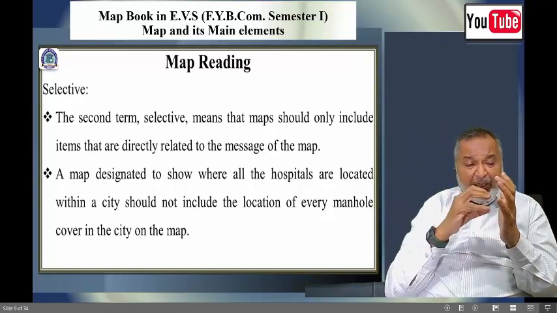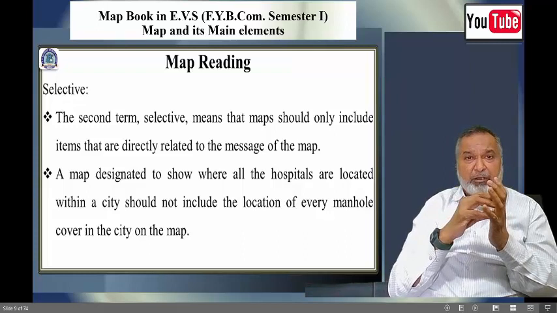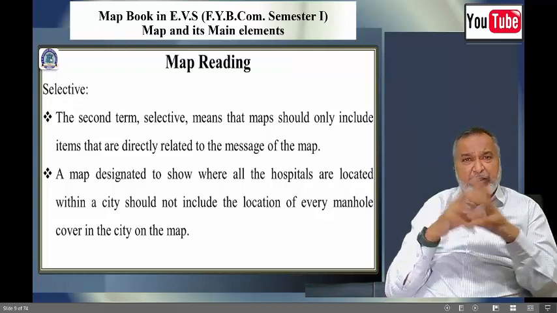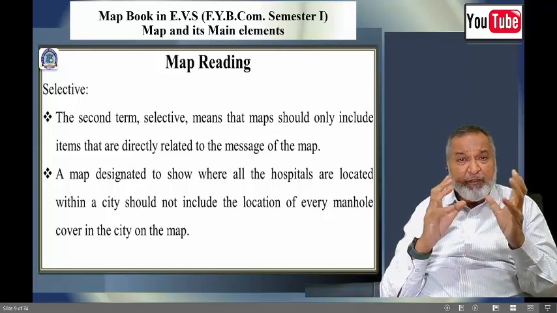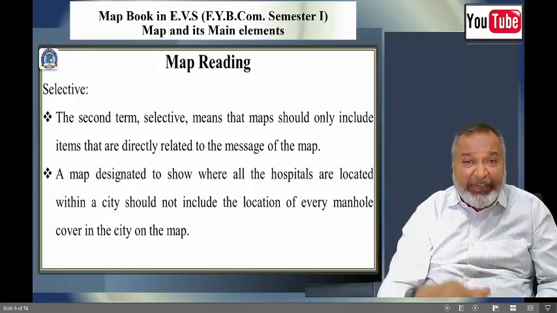Where we can get the trained people, their locations, everything will be shown in that particular map. So these are called the selective map.